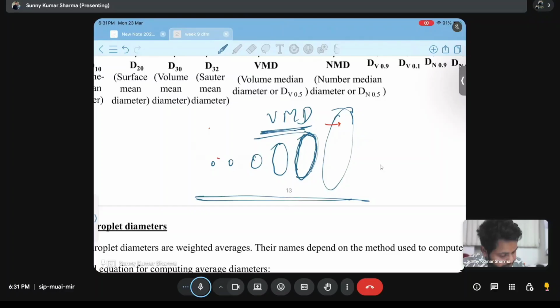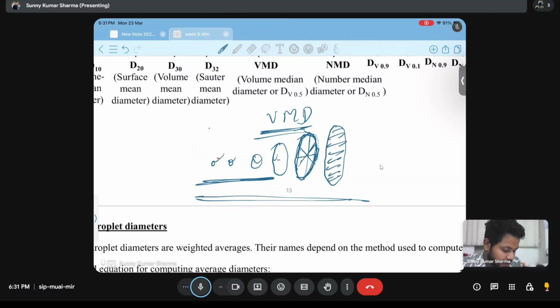If we take this diameter, the volume below it, if we add it up, will become equal to this amount. I'm just taking a case where this will become equal. If you add this volume, this volume, this volume, this volume, it will become equal to this volume. Then this is the diameter of the droplet below which we have one volume, and after which we have one volume, and that is equal. That is the actual meaning of volume median diameter. Are you getting it? Yes, sir.